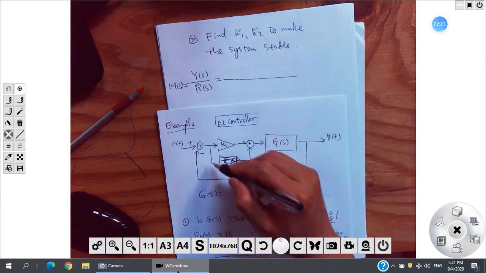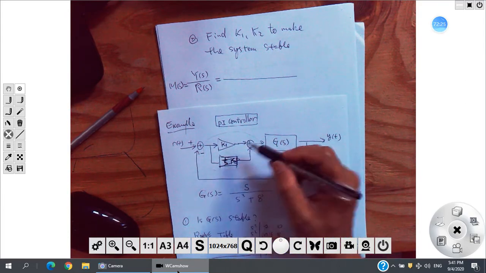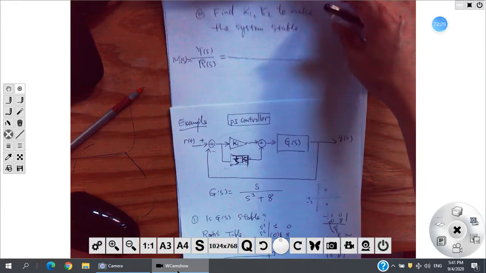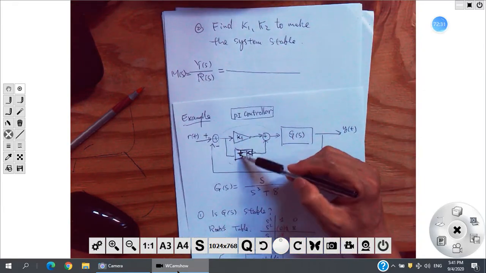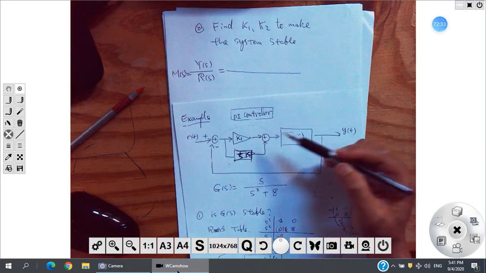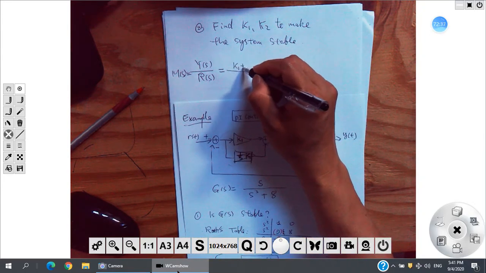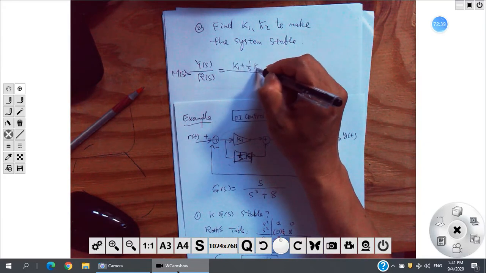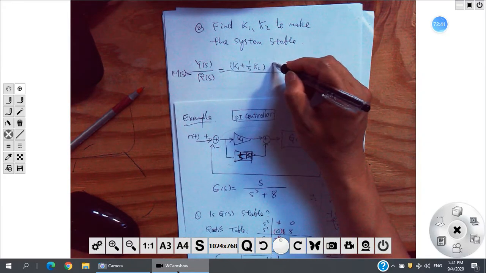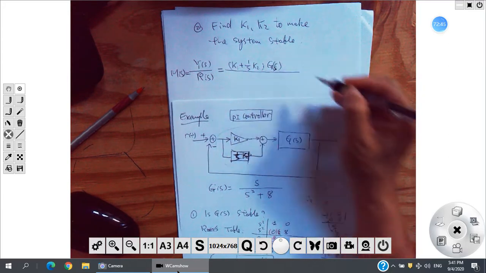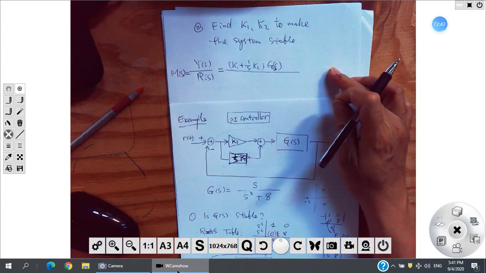We have this part, you can just merge it together. It is a summation of this one and this one. So the forward gain is K1 plus 1 over S K2 times G of S. This is a forward path, and only one loop.